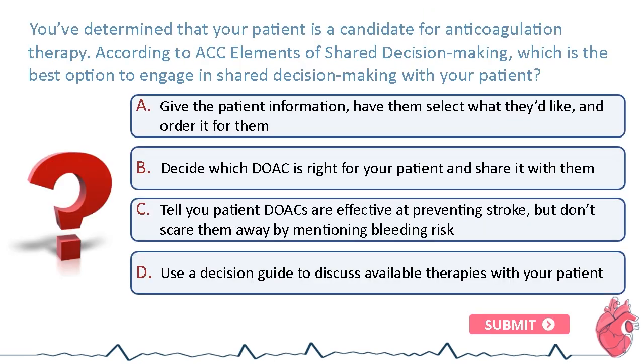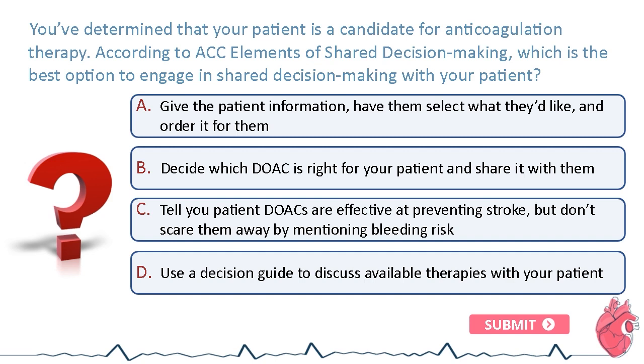We'll review our question. You've determined that your patient is a candidate for anticoagulation therapy. According to the ACC elements of shared decision-making, which is the best option to engage in shared decision-making with your patient? A, give the patient information, have them select what they'd like, and order it for them. B, decide which oral anticoagulant is right for your patient and share it with them.